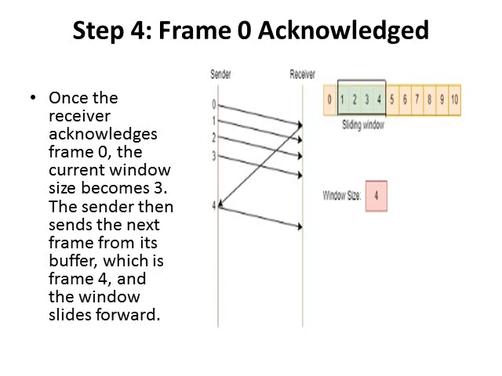After the acknowledgement is received by the sender, the sliding window slides from 0 to 1, and the window covers 1, 2, 3 and 4. Next, the 4th frame is sent.